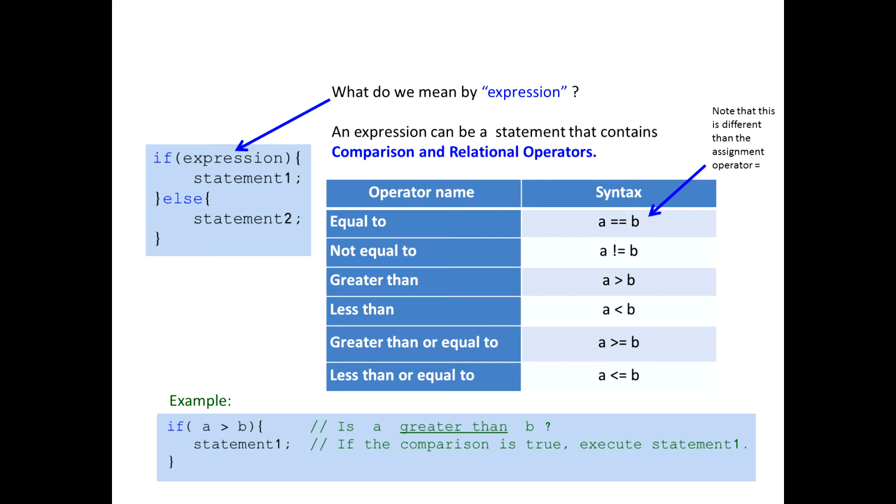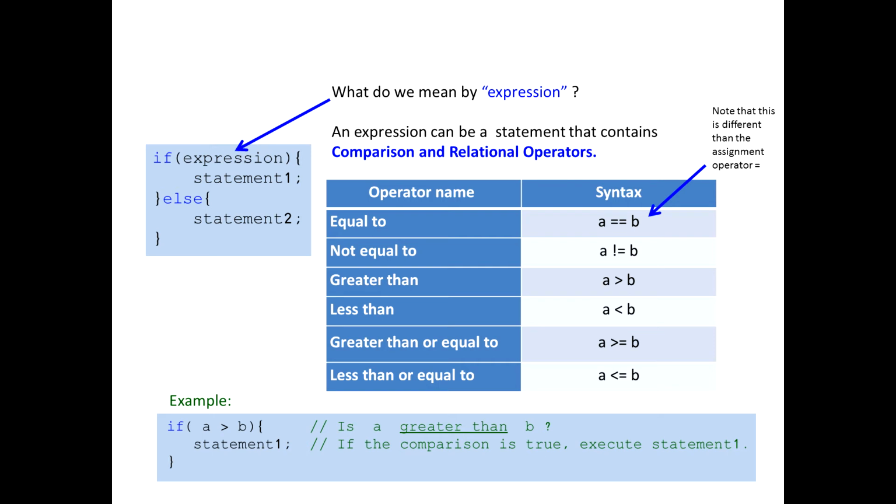We could also say, are they not equal? We could see if a number is greater than another one. We could check if variable A is less than variable B, or we could see if they're greater than or equal to, so we want the edge condition to be equal, and in the same manner, less than or equal.